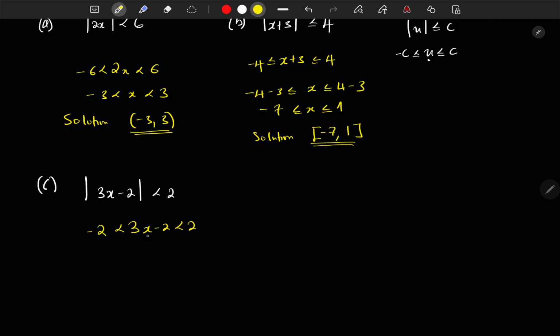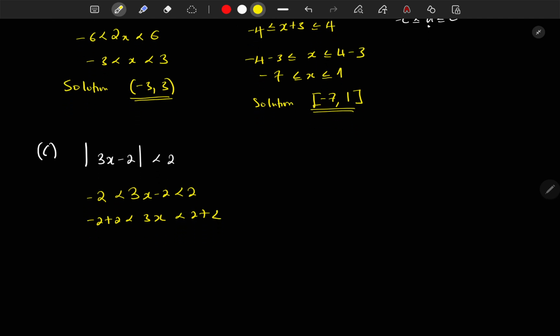Then of course, because we have 3x minus 2 here, the first step that we do is that I can first add the 2 to all sides. So if I add the 2 here, I'll just remain with 3x. I'll add it to all sides so that I can eliminate the 2 from there. This will give me 0 less than 3x less than 4.